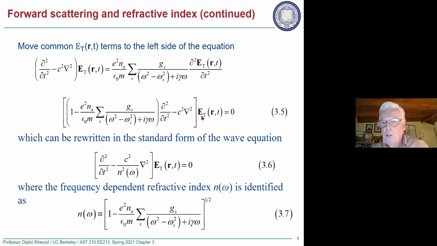So this is describing some transverse electromagnetic wave that's going to propagate, and we'll make observations like we made before for simple vacuum. But this is in the form of a wave equation, and written in standard form, this is what it would look like, where there would be a phase velocity now, which would be C, the vacuum part, divided by the refractive index.